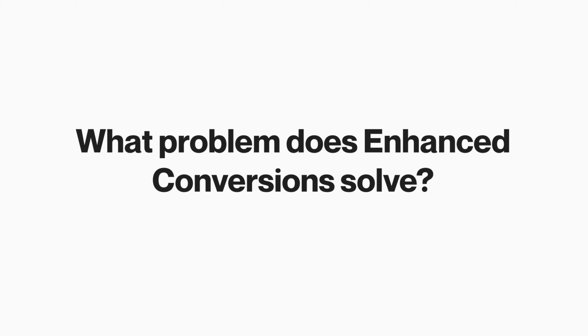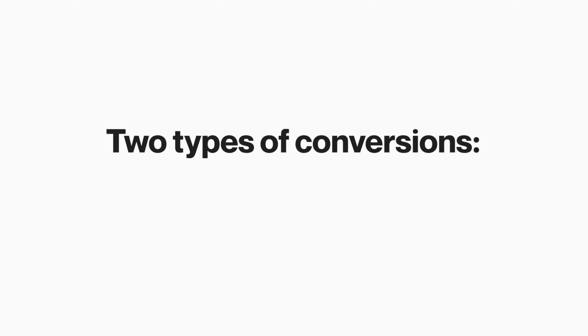So what exactly is the problem that the enhanced conversion tracking aims to solve? I mean, what is the problem with the good old normal conversion tracking without all this extra hassle? To answer that question, we must first understand the two types of conversions that Google Ads is able to track.